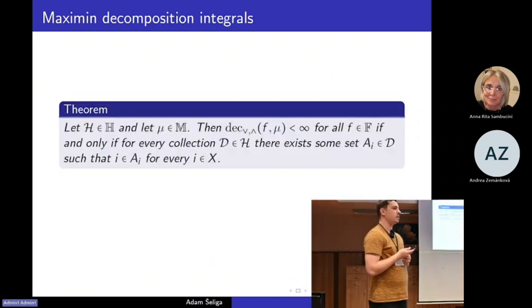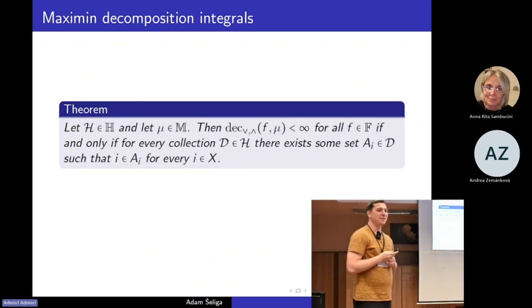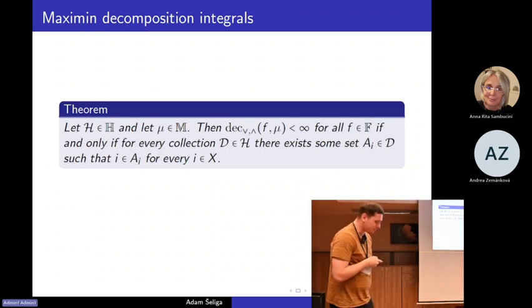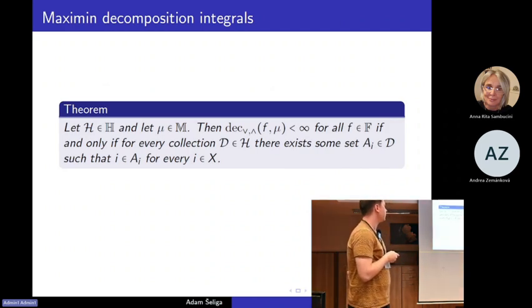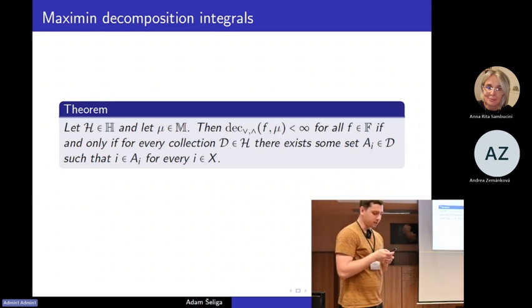Since we can attain a value of infinity, we have the following theorem, which states that the maximum integral is always less than infinity, so it is a real valued number, if and only if for every collection D there exist some sets A_i such that the index i is an element of this set for every index from the space.